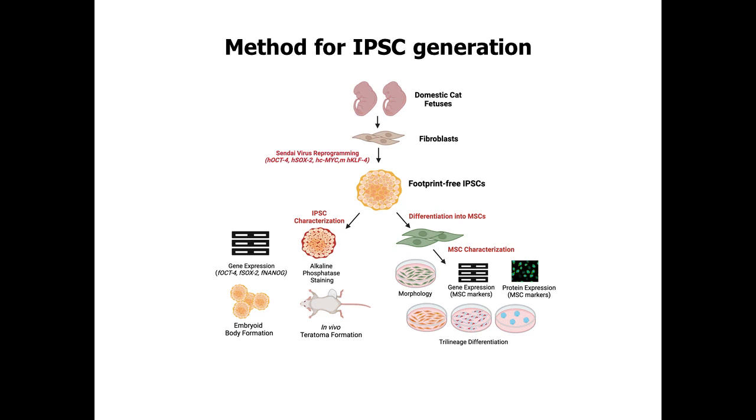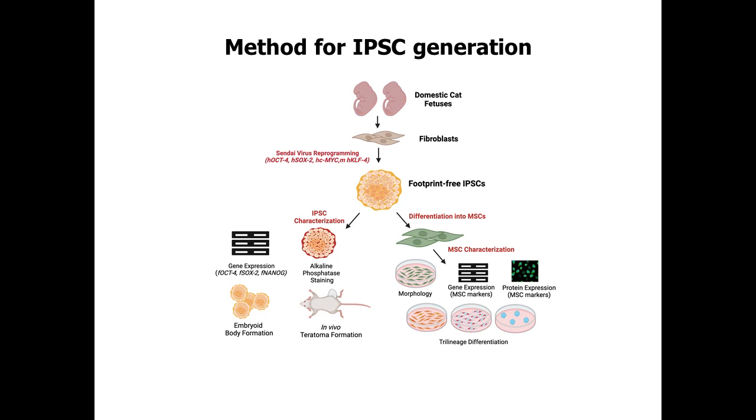We used 3 vectors carrying 4 human transcription factors, 4 human genes, and we generated these iPSCs, and we differentiated these iPSCs into MSCs, as well as characterization of both iPSCs and MSCs.